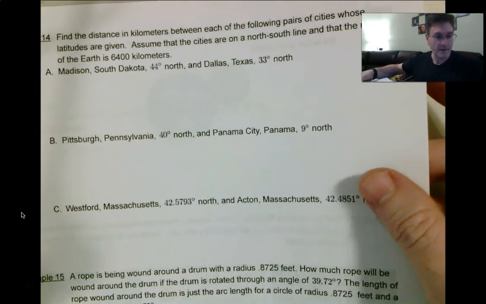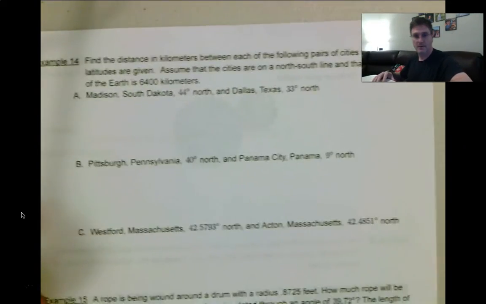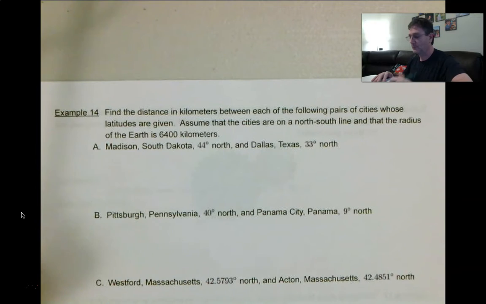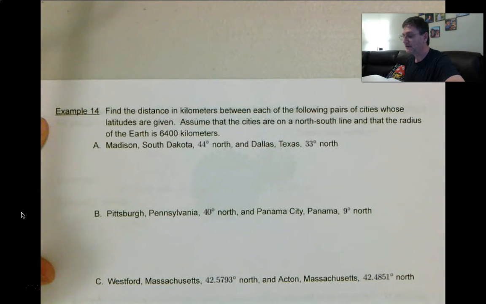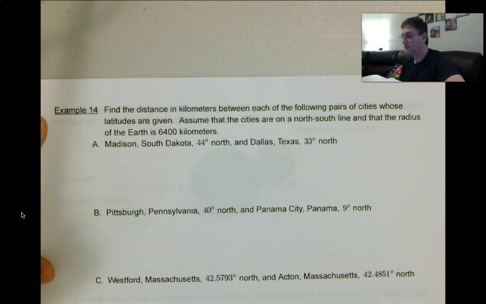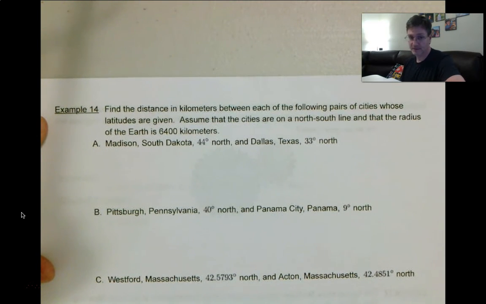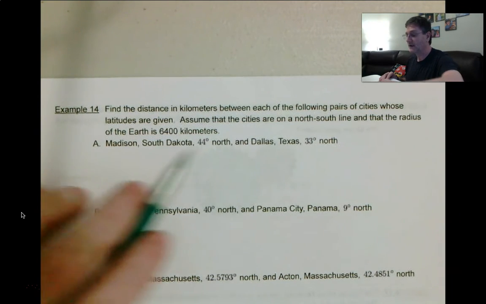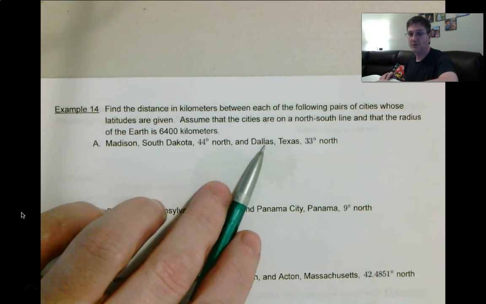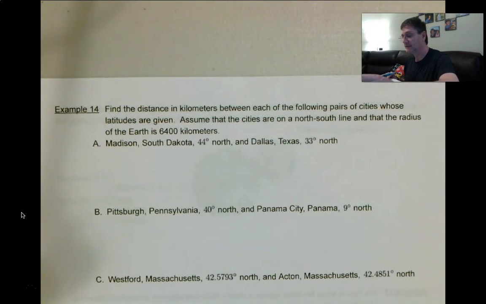All right, example 14. Using the same process, we're going to find these three distances. So find the distance in kilometers between each of the following pairs of cities whose latitudes are given. Assume the cities are on the north-south line and that the radius of the Earth is 6,400 kilometers. So again, Madison, South Dakota is almost due north of Dallas, Texas.